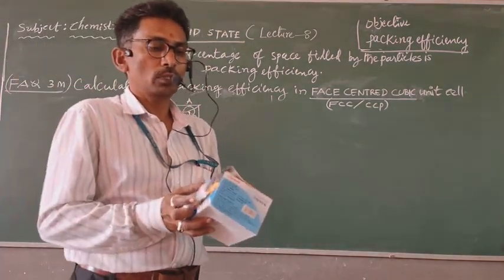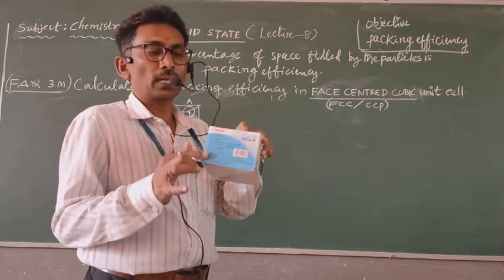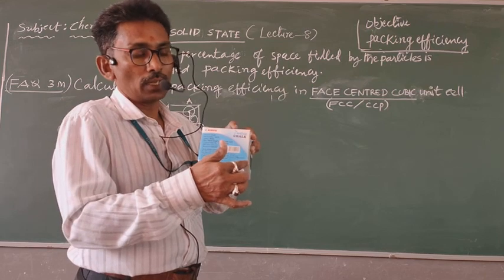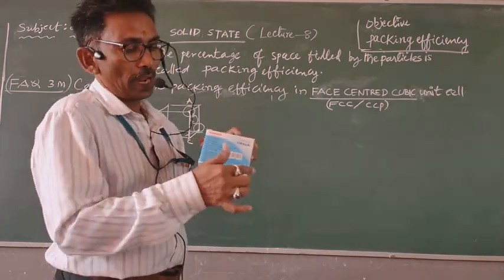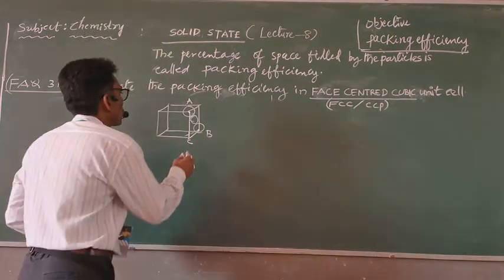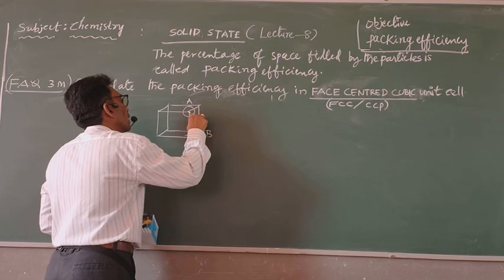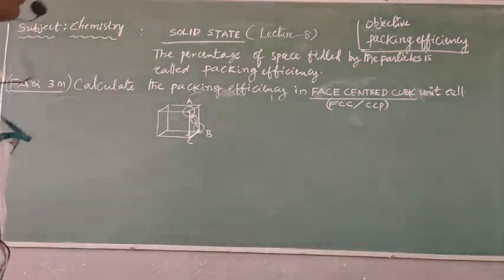If you observe, this is A and C, AC, side length. This is AB, and this is BC. This you are watching, BC, and this I am going to mark as dotted lines. That is BC, hypotenuse.